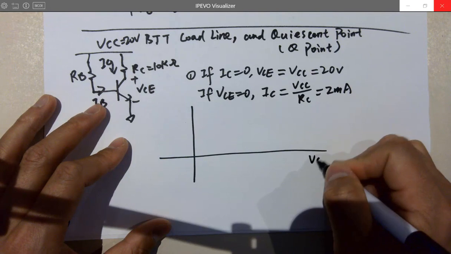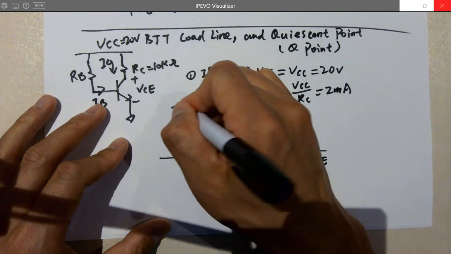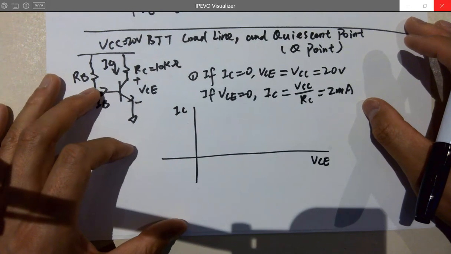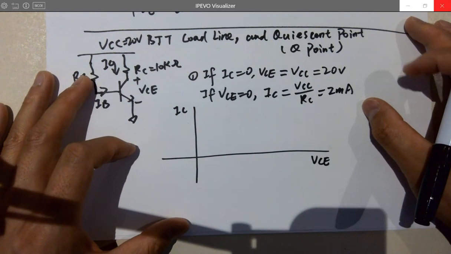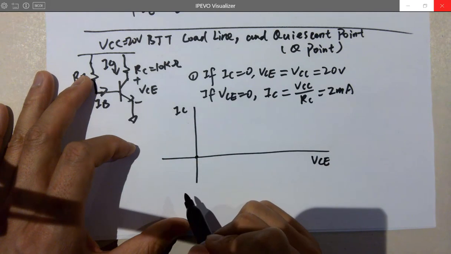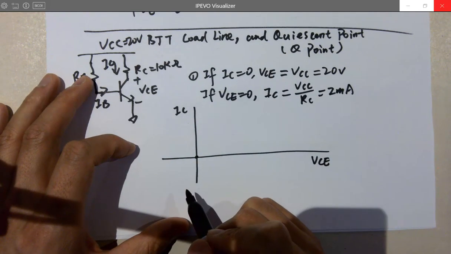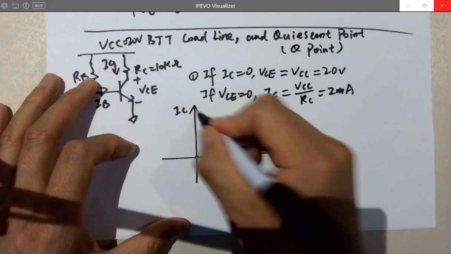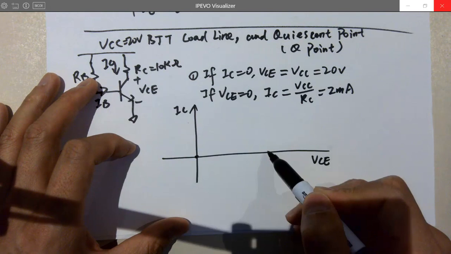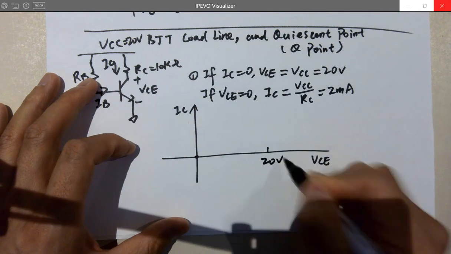If the x-axis is VCE and the y-axis is IC, then when IC is 0, VCE becomes 20 volts.